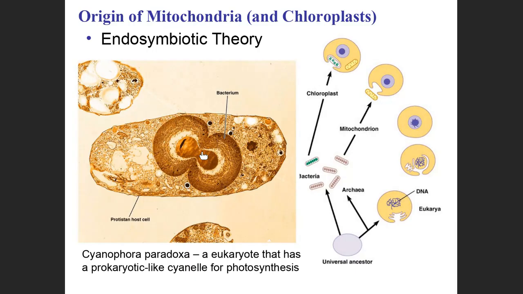But this is an example of a eukaryote that has a prokaryote living inside of it. And this may represent what happened countless millions of years ago and led to the evolution of mitochondria and chloroplasts. So any questions on the endosymbiotic theory?